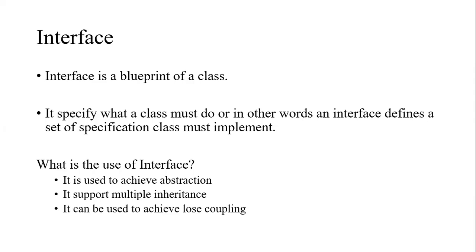The last point is it can be used to achieve loose coupling. What is this loose coupling? With respect to technical aspects, programming strategies or software engineering terminology, loose coupling is nothing but there should be some level of independence. Independence in the sense, at one place you are defining the rules, and at the other place you are defining classes for that, right?